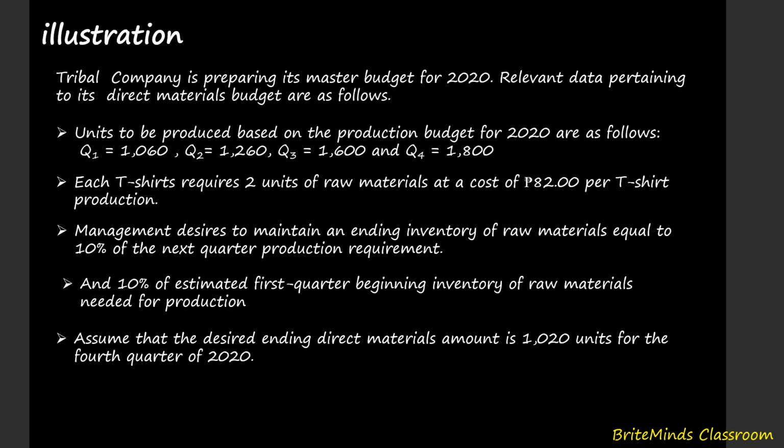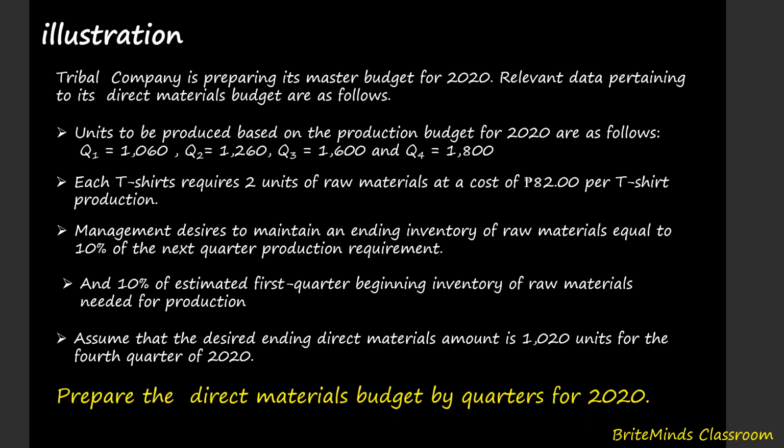Assume that the desired ending direct materials amount is 1,020 units for the fourth quarter of 2020. Then prepare the direct materials budget by quarters. Take note, students, by quarters for 2020.